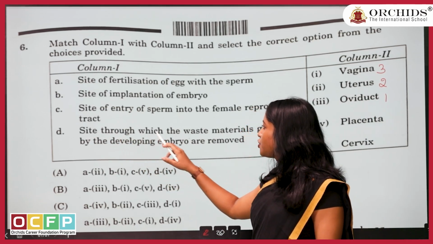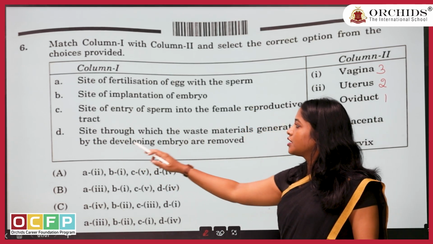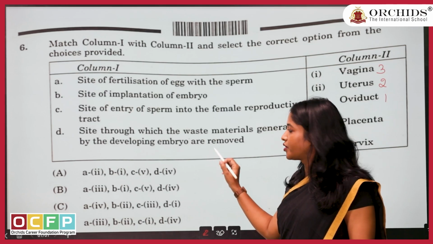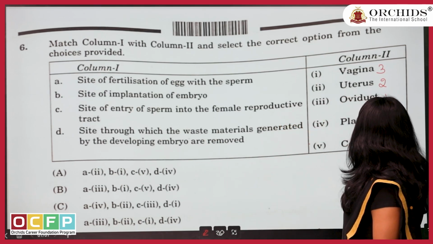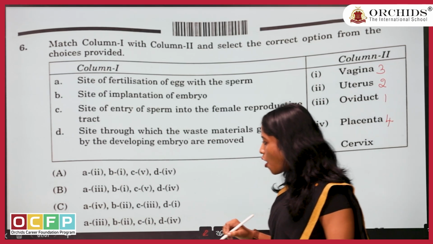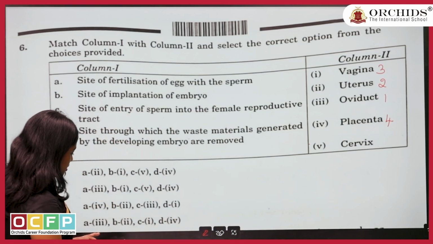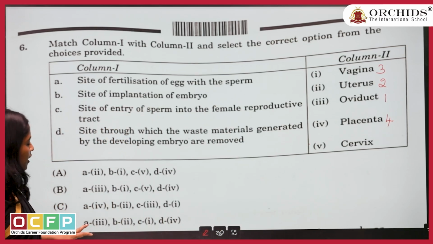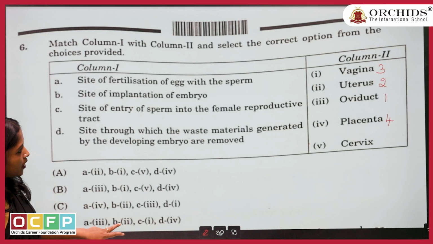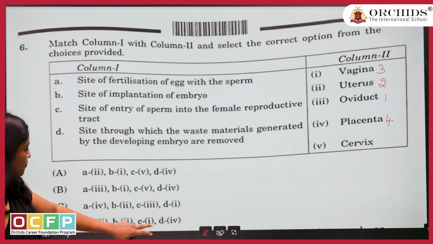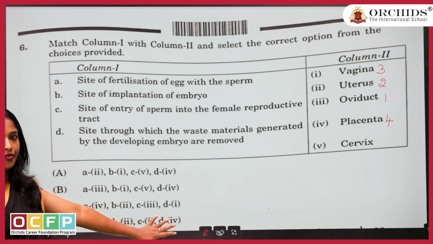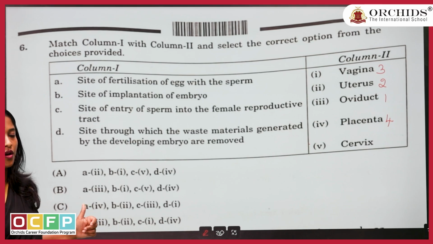Fourth one, site through which the waste materials generated by the developing embryo are removed. That happens by the placenta. So A is 3, B is 2, C is 1 and D is 4. So option D is the correct one.